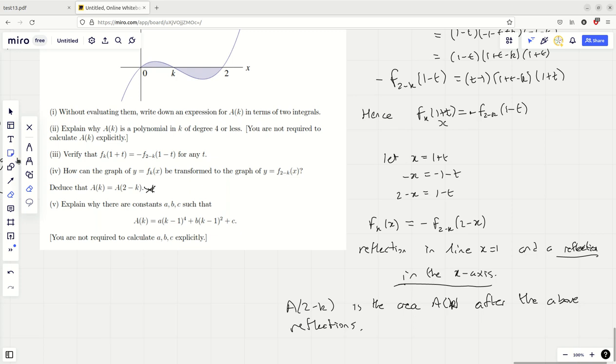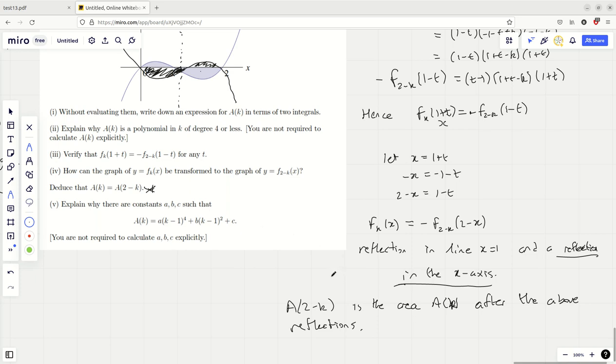So what about the other reflection line, x equals 1? Well, no, that doesn't change things either, because if you reflect this curve in this line, that side over there is going to be like this side over here. So you're going to end up with this bit as your big bit over there, and this bit as your little bit over there. Reflections preserve the area basically, and I believe when I looked at the mark scheme, they seemed to be happy with that.